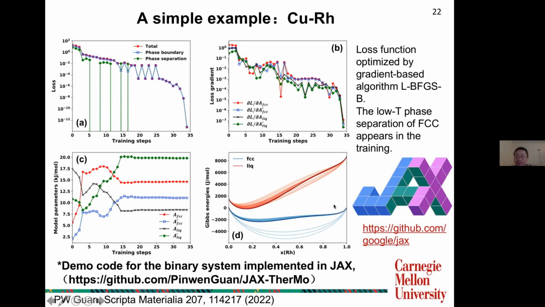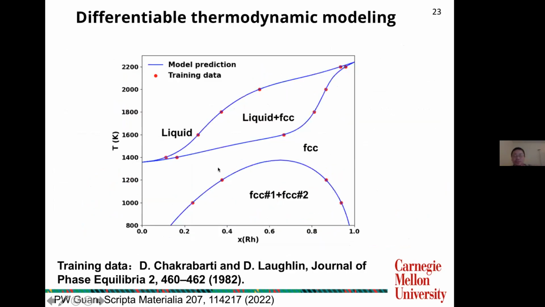I have implemented this in a demo code, which is online. It is written in JAX, a differentiable programming language. Using this training data, we have trained the thermodynamic model of this system, and the calculated phase diagram is in agreement.